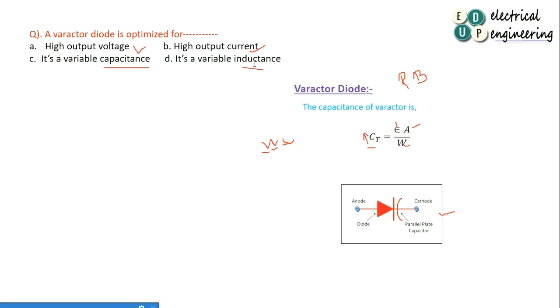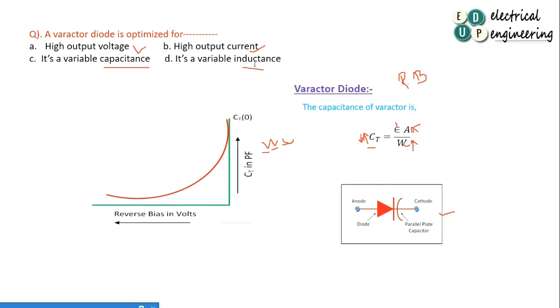When the area of the PN junction is increased, the capacitance of the varactor increases. When the width of the depletion layer increases, then Ct decreases, because Ct is inversely proportional to the width of the depletion region. Now this is the characteristic between the reverse voltage and capacitance of the varactor.